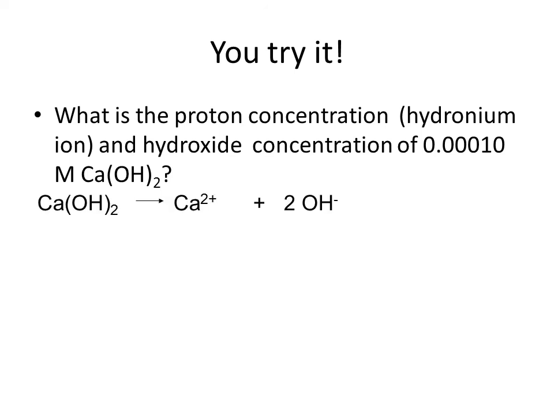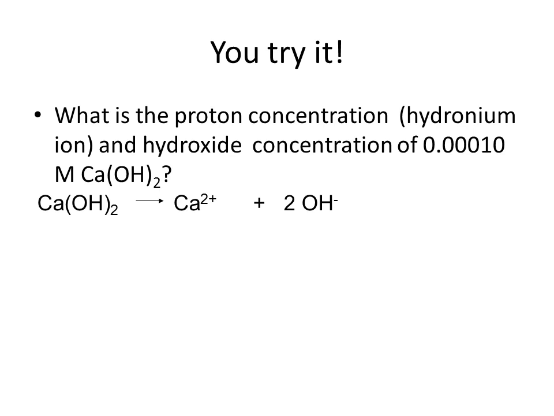To determine the proton concentration and the hydroxide concentration, the first thing I need to do is write the reaction that's occurring in solution. Calcium hydroxide will dissociate to make a calcium 2+ ion and 2 hydroxides.